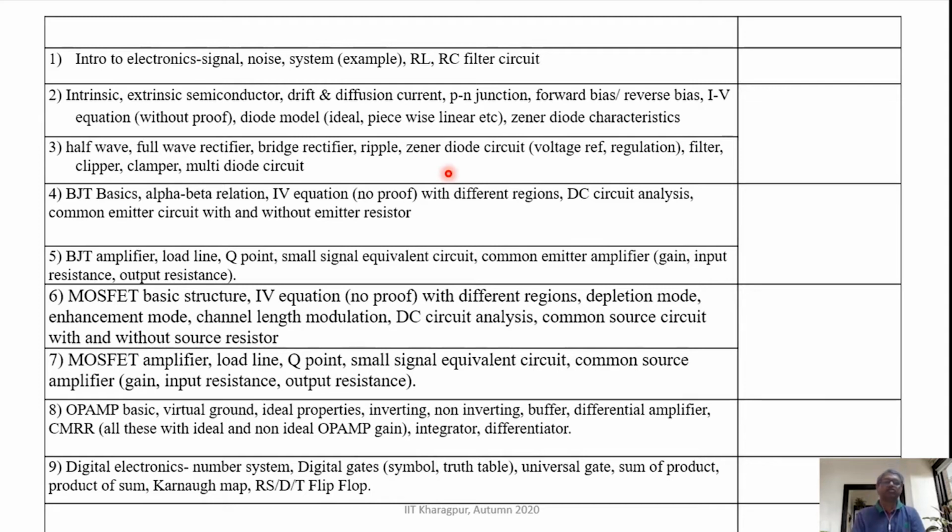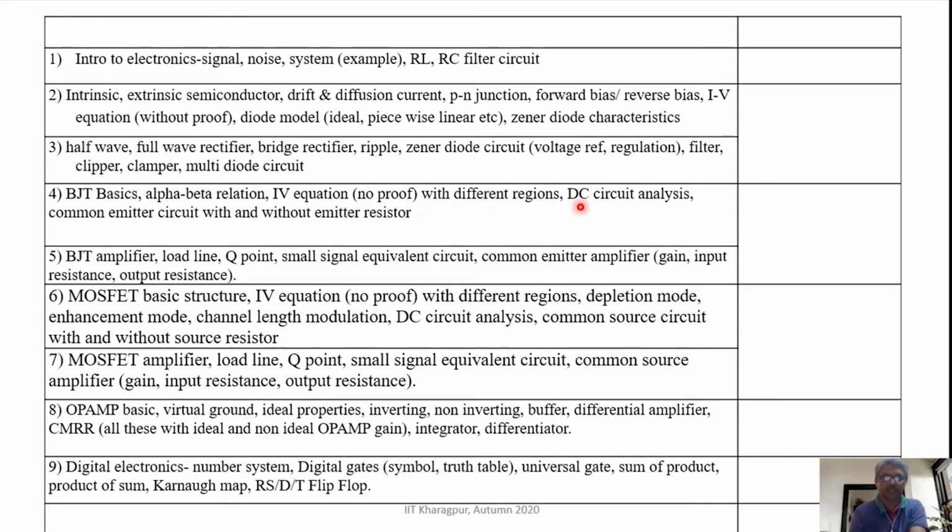So after the diode chapter, we will move to discuss BJT, that is basically bipolar junction transistor. This is a very important device as far as the integrated circuit is concerned. We will understand the basic operation of BJT.